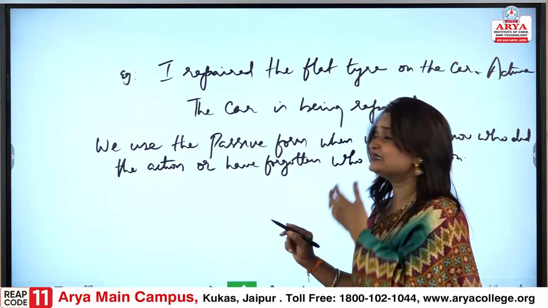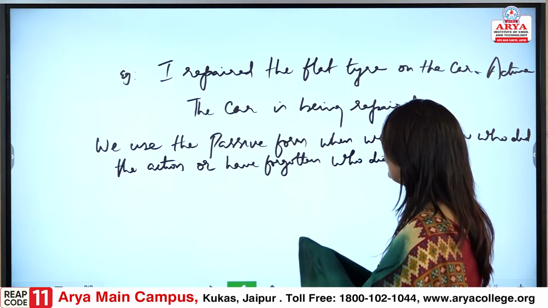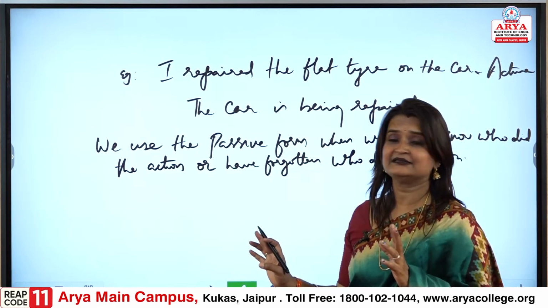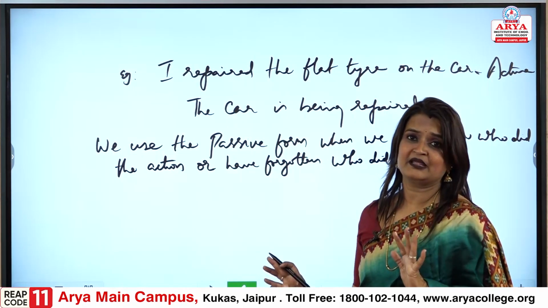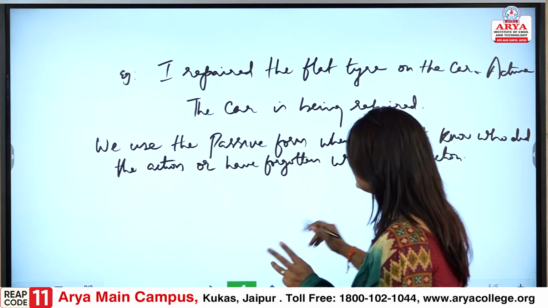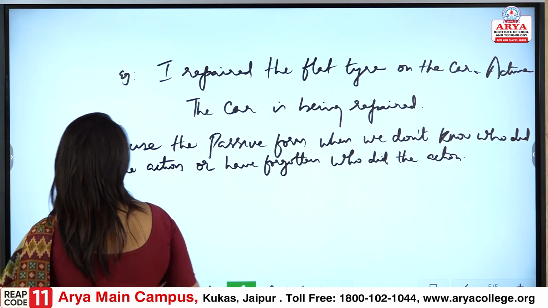So, even with the first sentence, are we able to clearly understand? Simple: the car is being repaired. Fine. So now let us understand more with a better example. This is the second point that we would be taking care of.